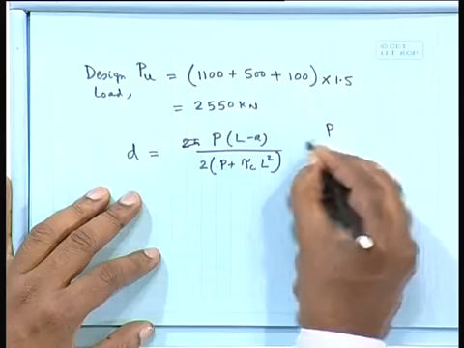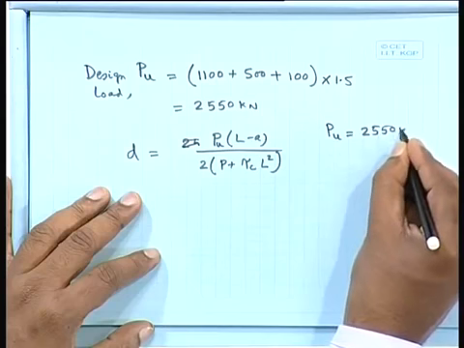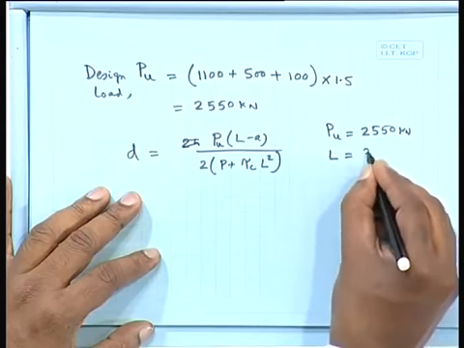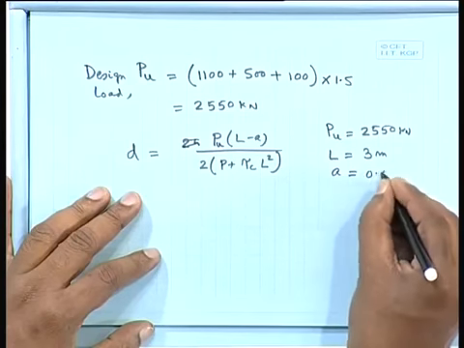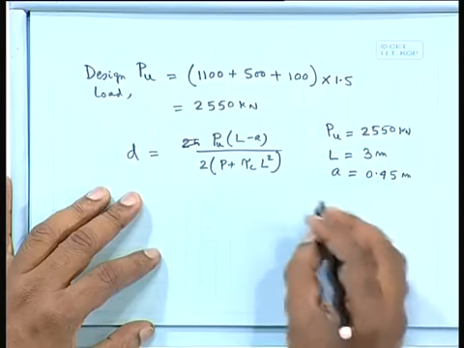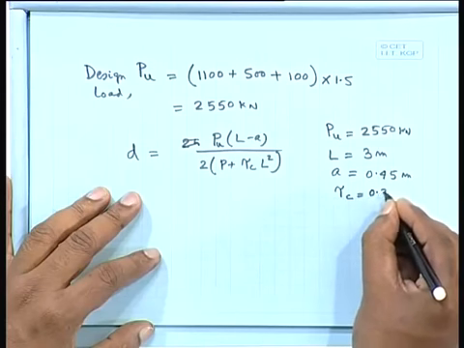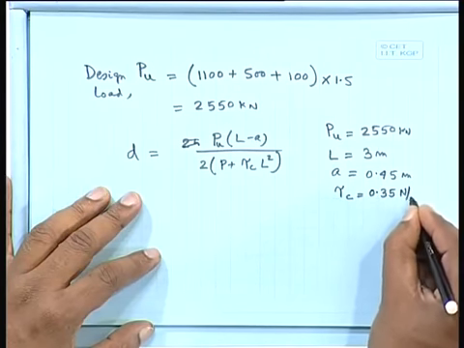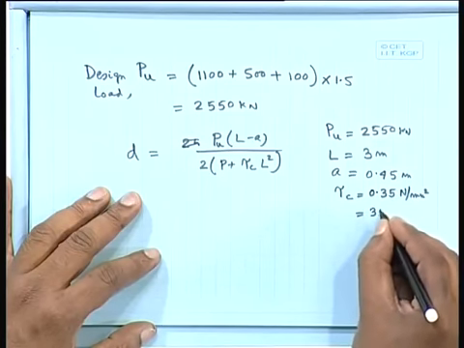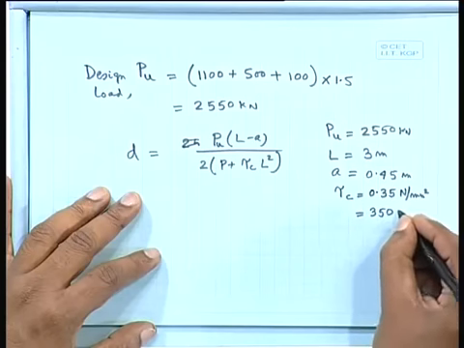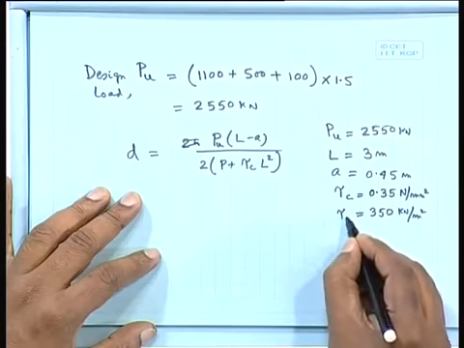PU is 2550 kilonewton, L is 3 meter, A is 0.45, and tau C is 0.35 Newton per square millimeter, equal to 350 kilonewton per square meter.